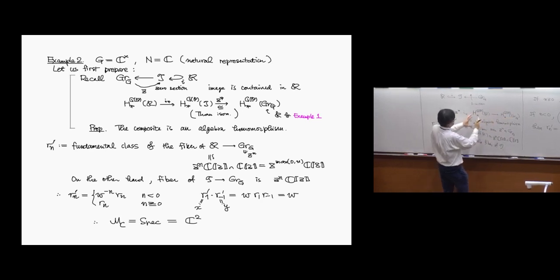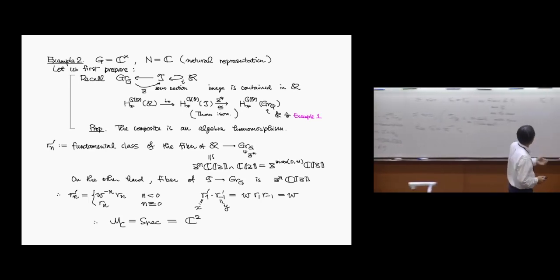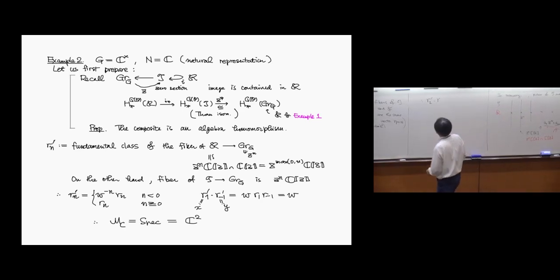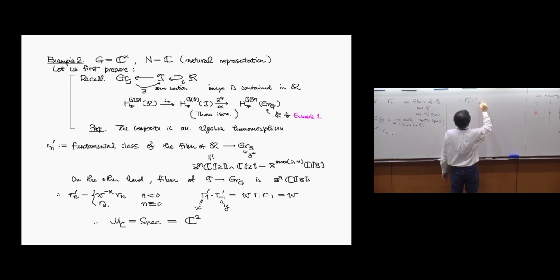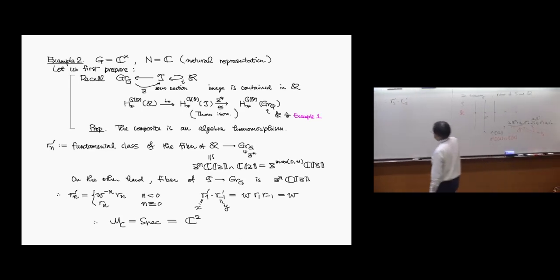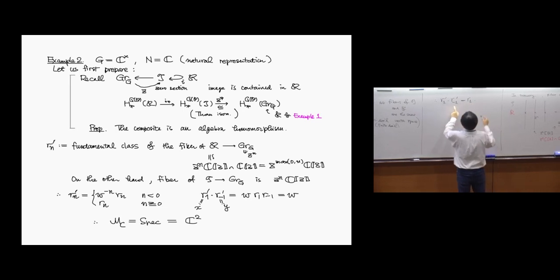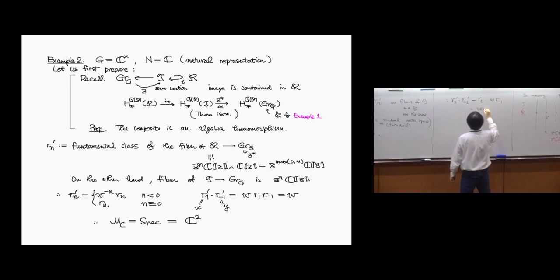From this it is clear that this is an embedding. Commutativity in this case can be proved by reduction to the first example. So R1 prime is equal to R1, and this is W times R minus 1. This is equal to W.